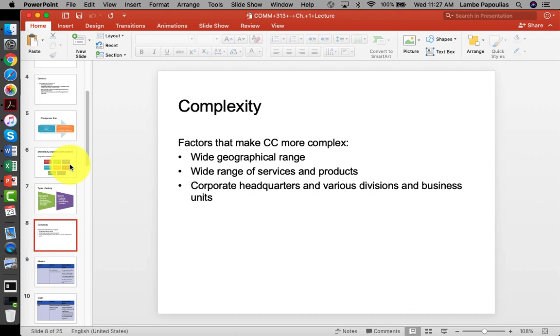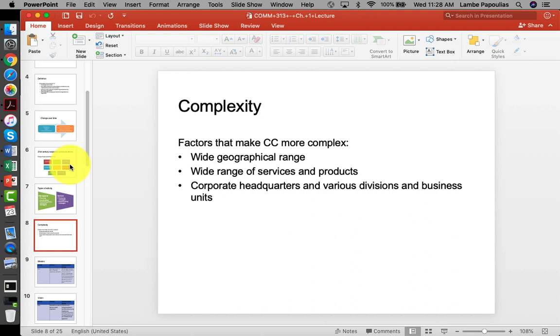So let's take a look at what factors make corporate communication more complex. Nowadays, we have a wide geographical range, and because of that, we are dealing with different types of geographical areas. This is a big part of corporate communications because there are so many different elements that play an important role in this geographical range. We have to make sure to communicate to everybody, to be transparent to everybody who is a stakeholder in our organization.